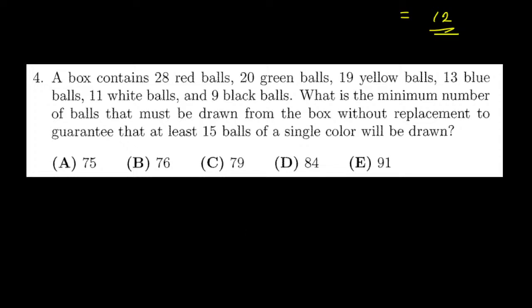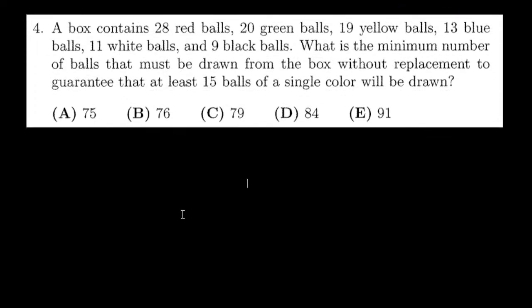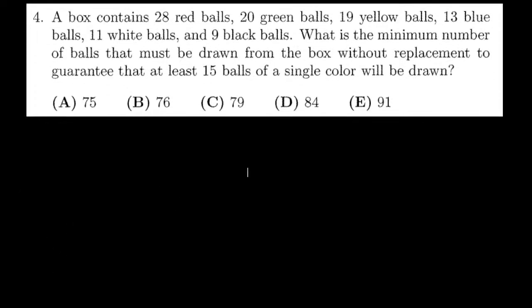Okay, so a lot of balls are here. What is the minimum number of balls that must be drawn from the box without replacement to guarantee that at least 15 balls of a single color will be drawn? Now this is a problem related to probability. Again, you think about this problem and then we will discuss together.